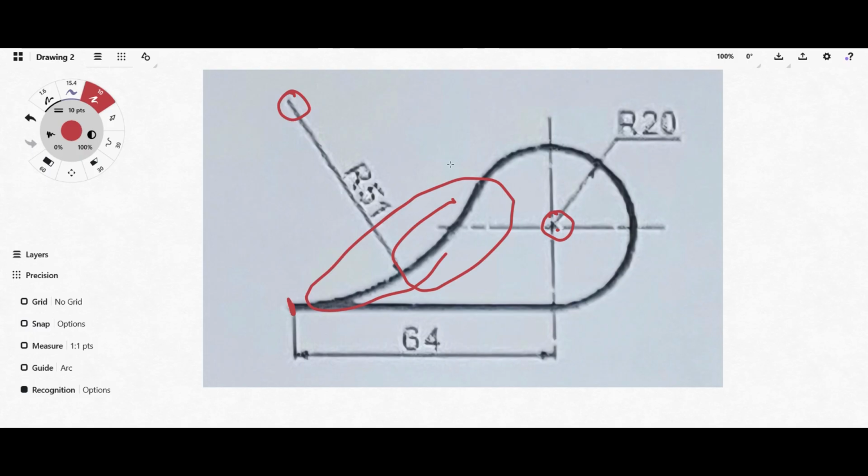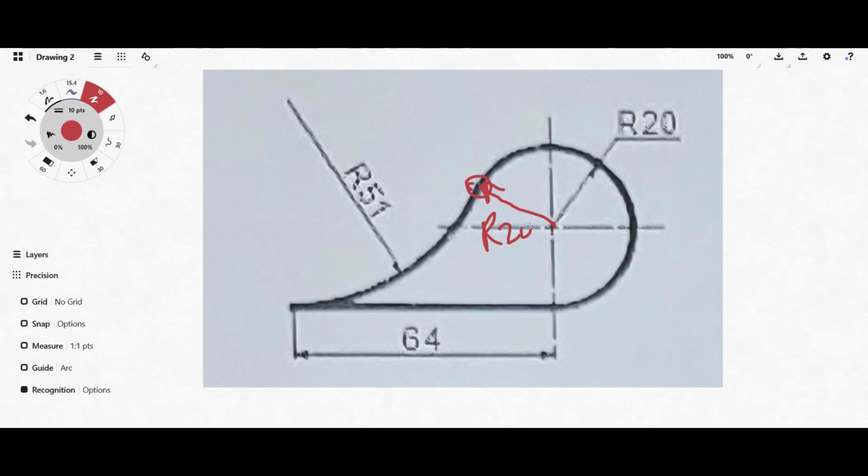So this circle, these two circles touch at exactly this point, right? From the rules of a circle, or as a plane figure, the distance from here to here should be the same, r20. And then this circle, from here to here, should also be r51.